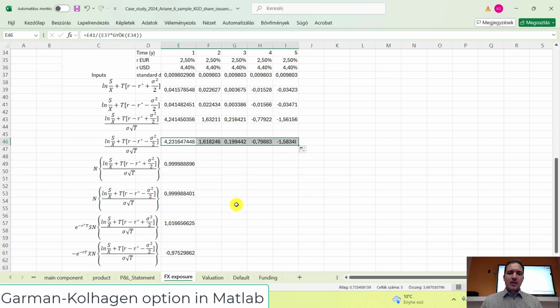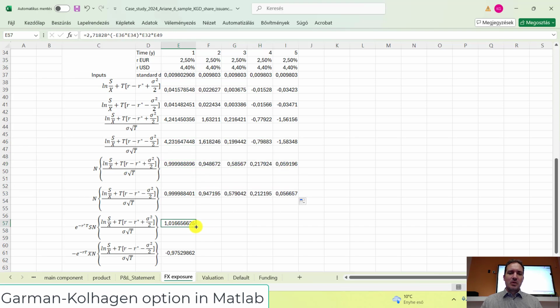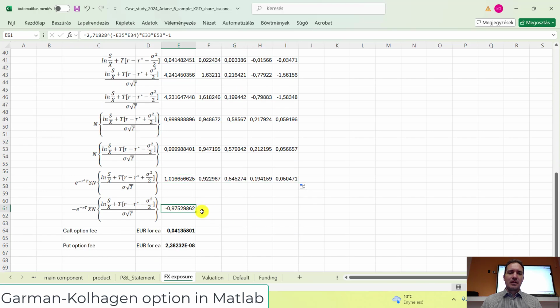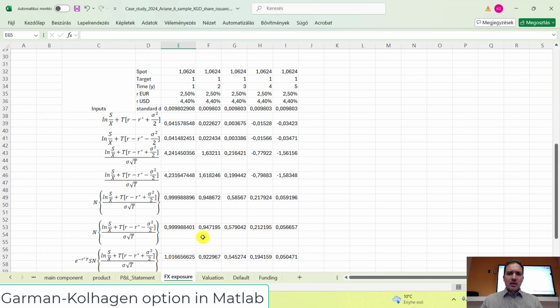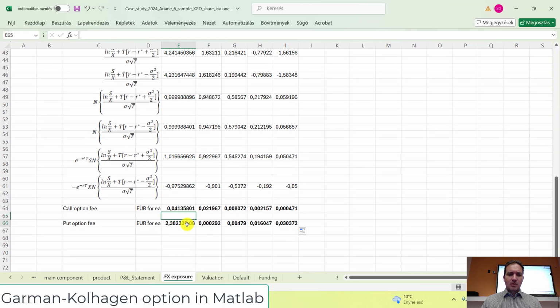Option fee should be more expensive as we are going ahead, because we have to pay more and more money to compensate the risk taking for the vendor. Yeah, so put options will change. Call option decreases because yes. So in this case, this one is the compensation.